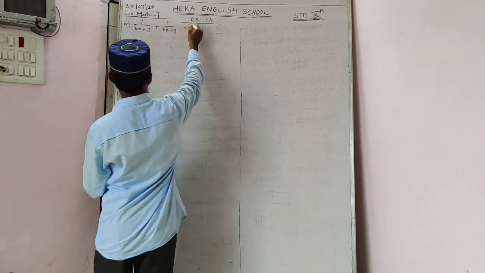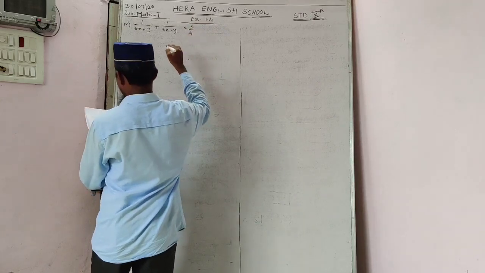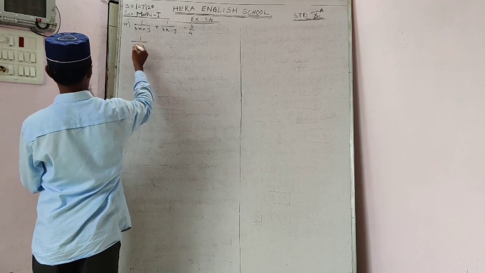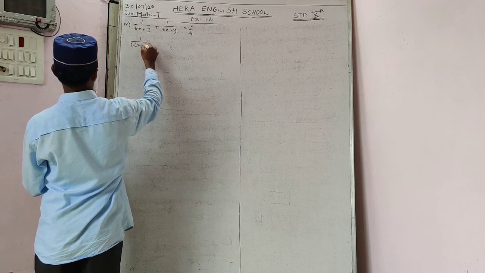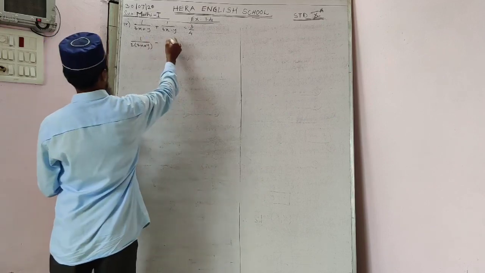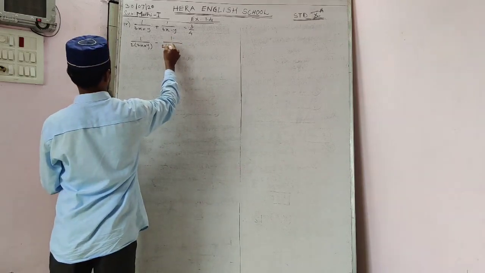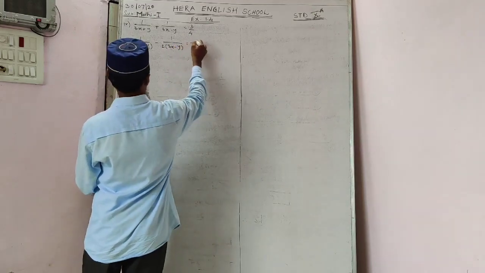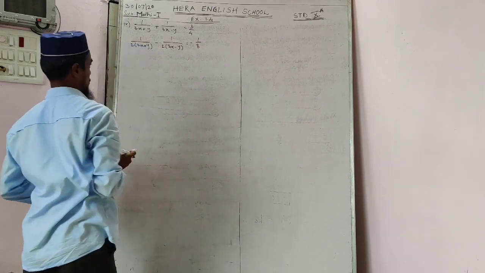This is our first equation in the question, and in the second one we have 1 upon 2 into bracket 3x plus y, minus 1 upon 2 inside the bracket 3x minus y, is equal to minus 1 upon 8. This is the question we have.